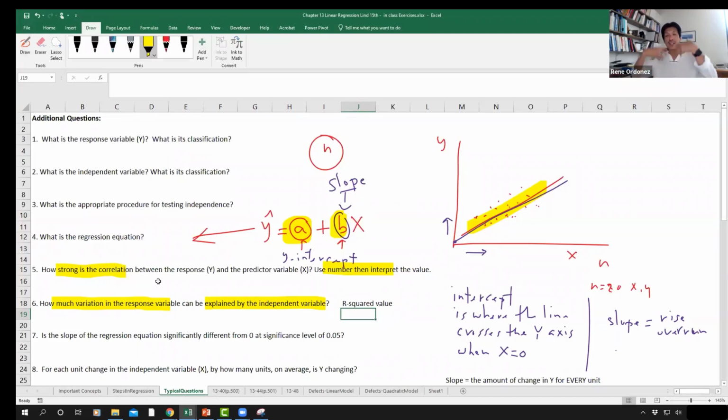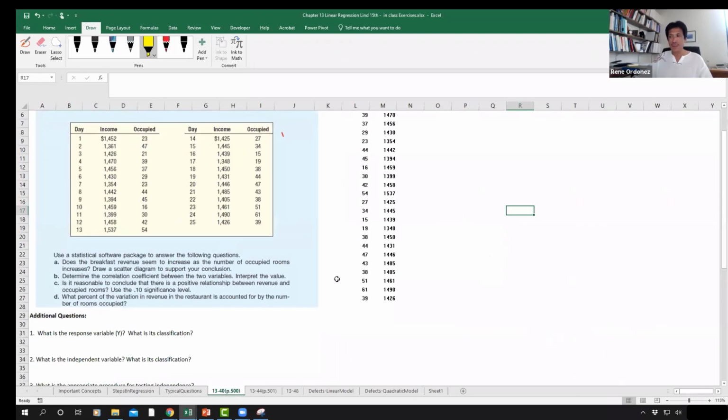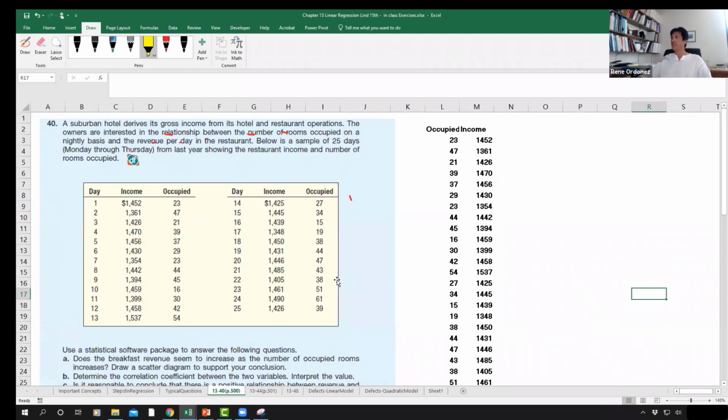Now, maybe it's a good time at this point to look at an example, and then we'll take a break. Let's take a look at this example here. A suburban hotel derives its gross income from its hotel and restaurant operations.